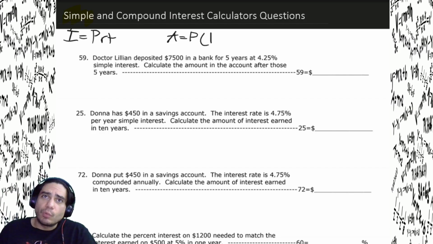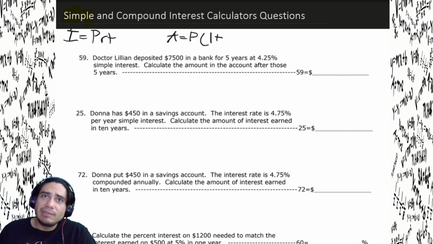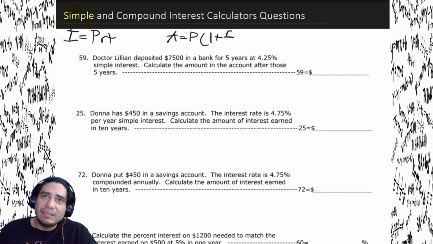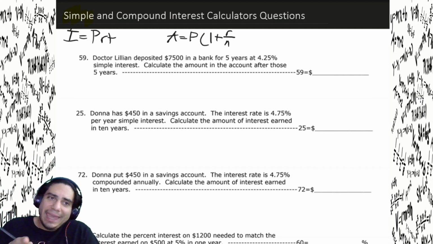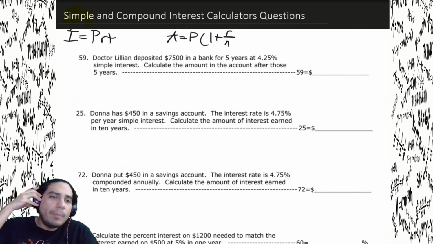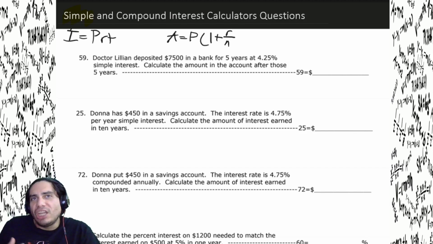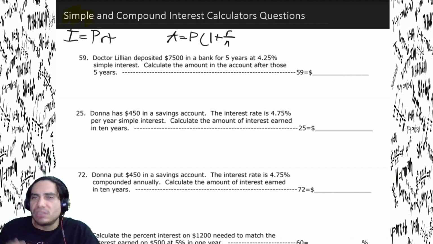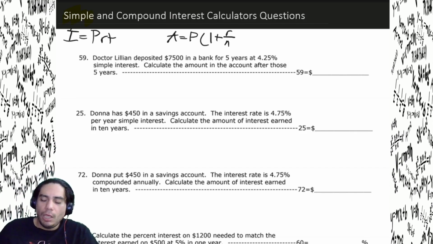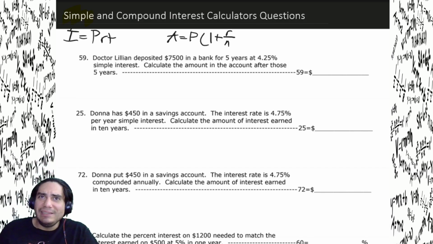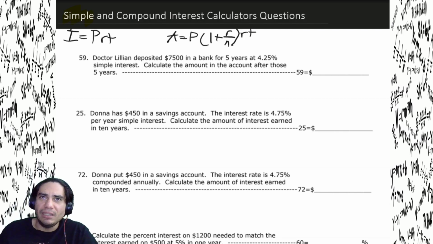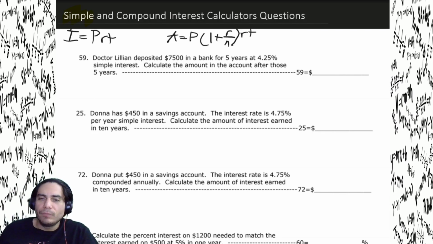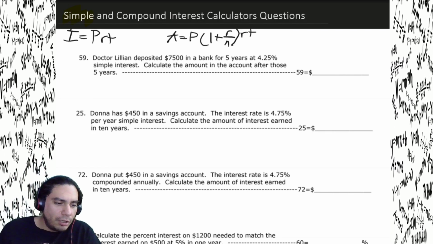That's why we're putting the number 1, plus R divided by N. R being the interest rate again, the N meaning how many times within a year this interest is going to be compounded, okay? And then that's going to be raised to the R times T power, all right?